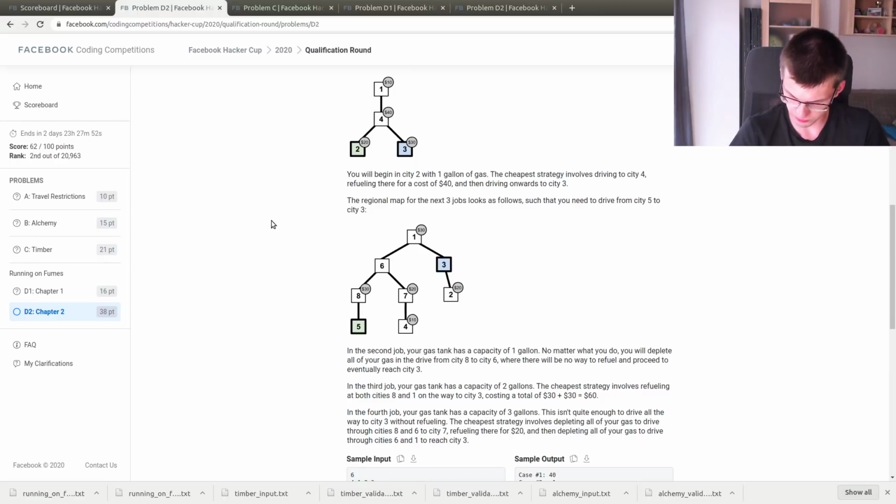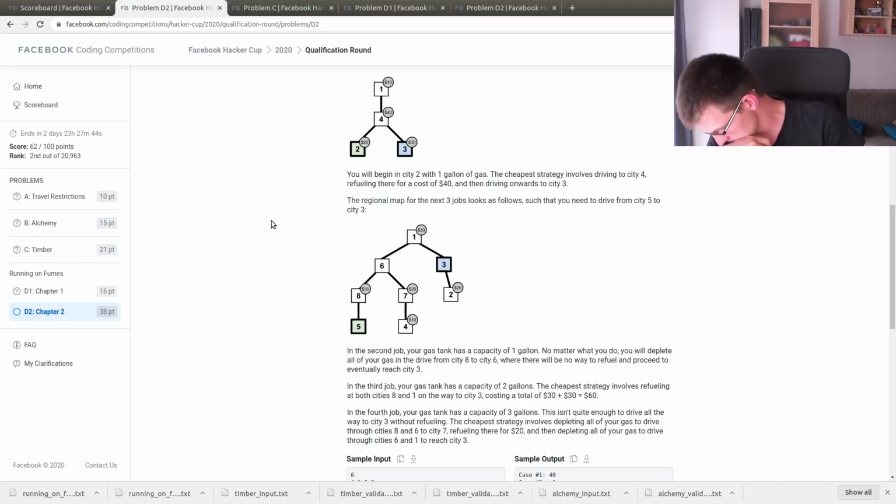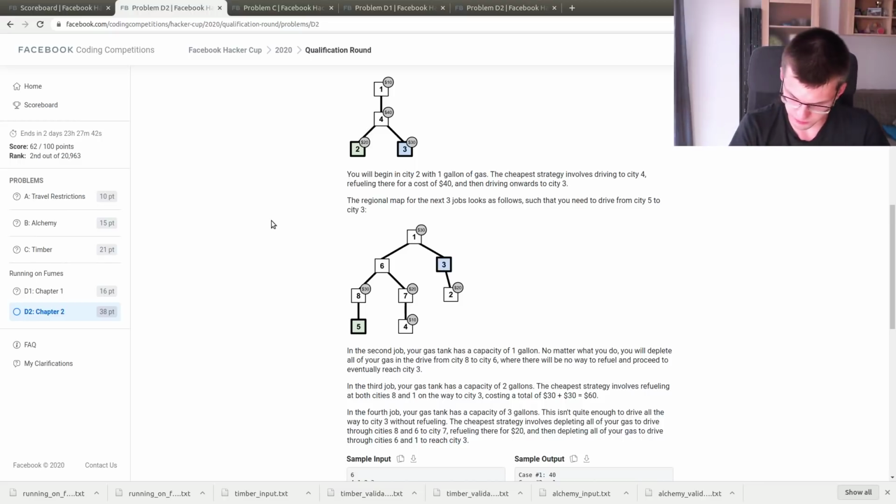Start at the root. I guess 1 will be the root. Or maybe I can make n to be the root. Not sure. So I mark everything at range m as possible to get, with cost of 0. And when I'm somewhere, I need to get everything.